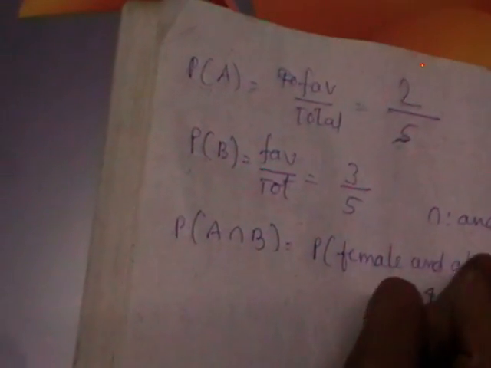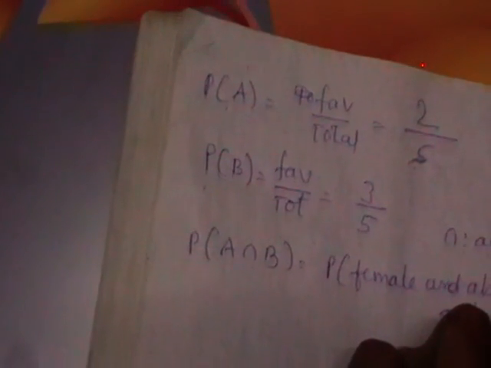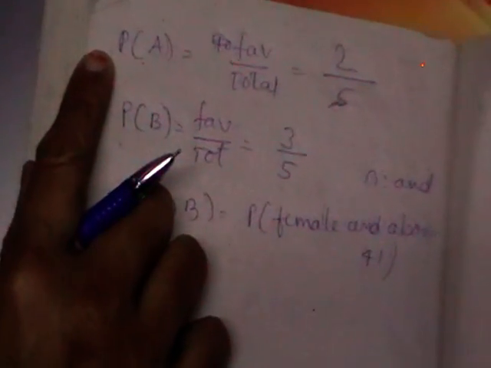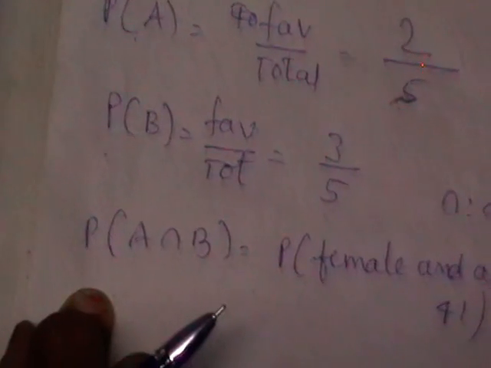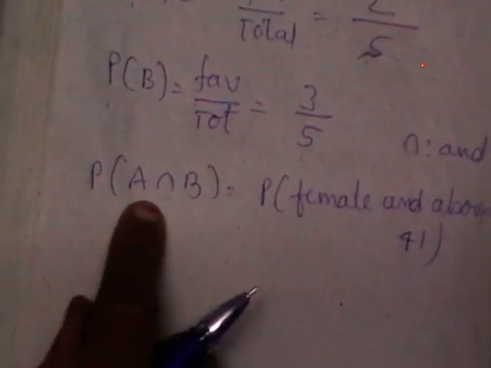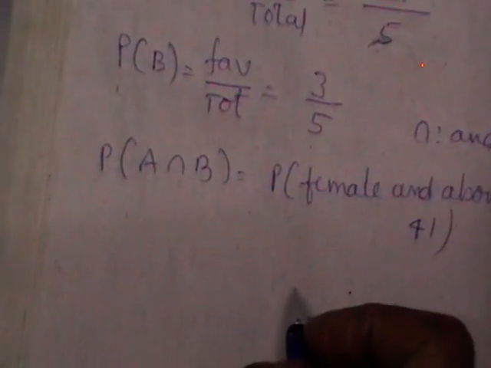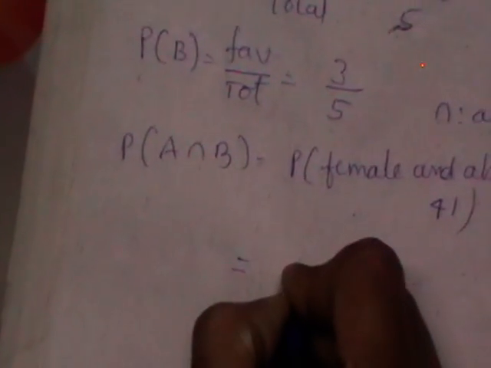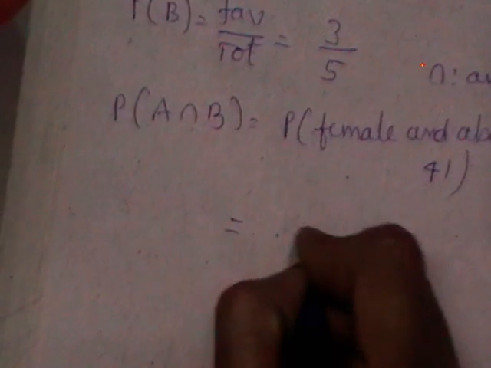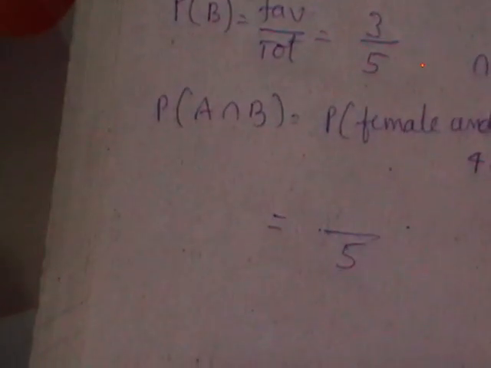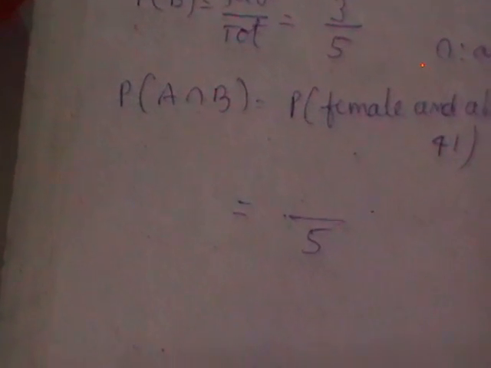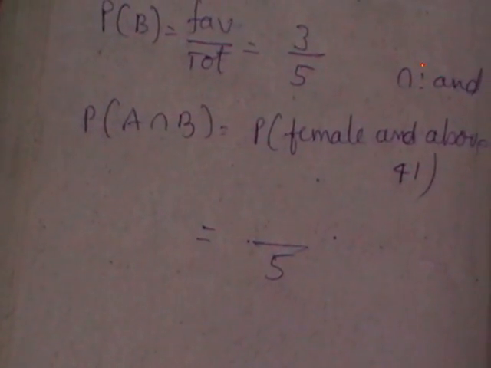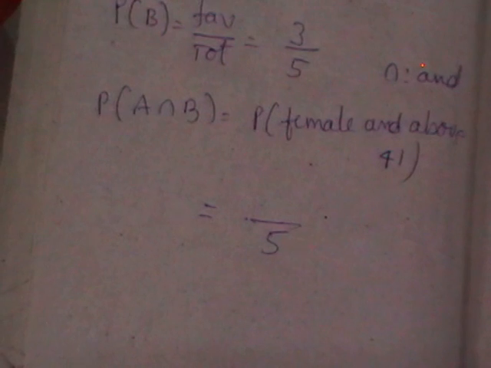As the statement involves P of A, P of B and P of A intersection B, we have calculated P of A and P of B. You need to find out P of A intersection B. Intersection means and: the probability that he is a female and above age 40. The total is no change, 5 here. Is there any event representing above 40 years?